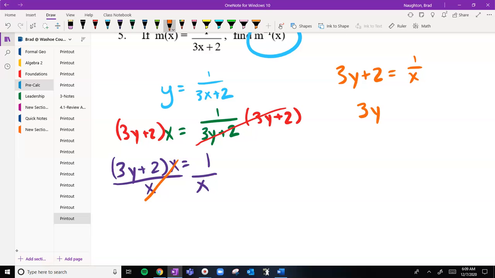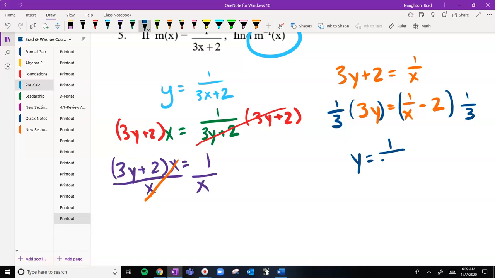So we get 3y is equal to 1 over x minus 2. And then we're going to divide by 3, but since some things are in fraction form already, the easiest way for us to do this is just multiply by 1/3. So I'm going to multiply this by 1/3 and this side by 1/3. So we're going to get y is equal to 1 over 3x minus 2/3.